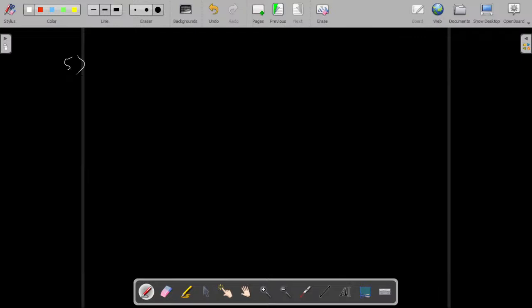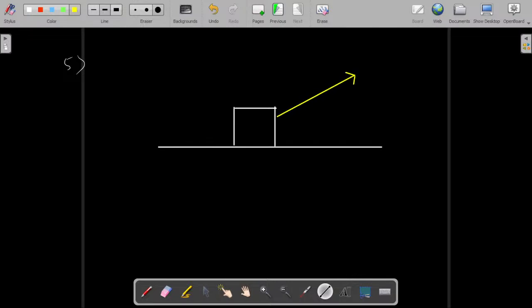And at last, question number 5. Draw this diagram. Draw a surface. This is the object, and you are applying a force. In this way you are applying a force, and the force is given, force is 200 Newton. This is the applied force, and you draw the diagram. This is the direction of displacement.